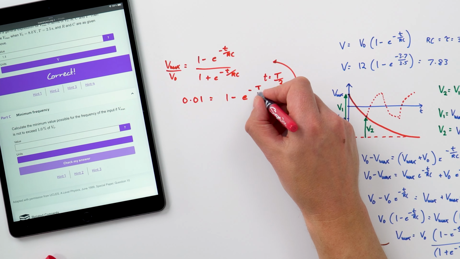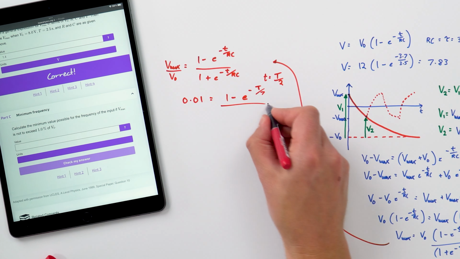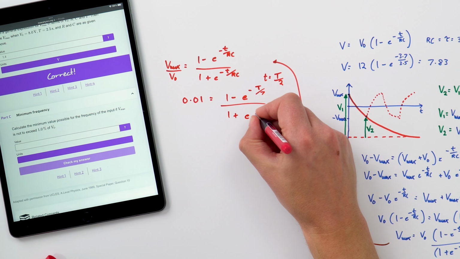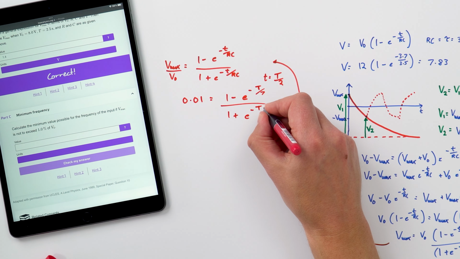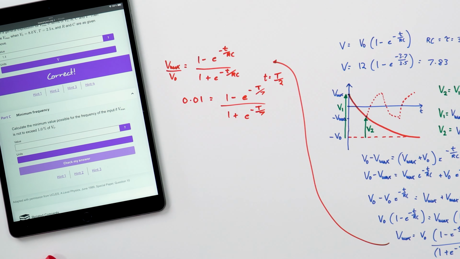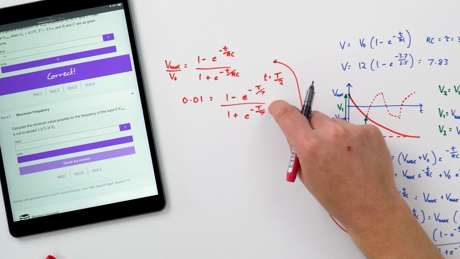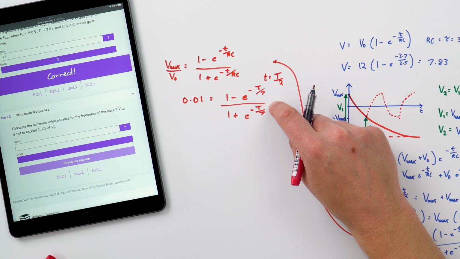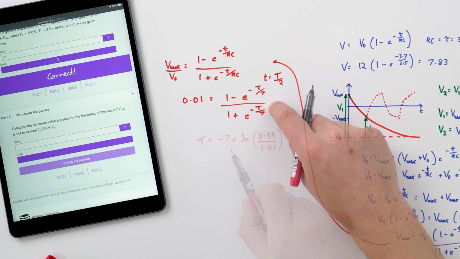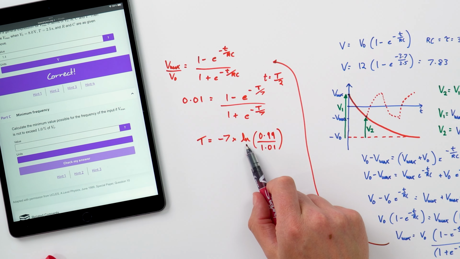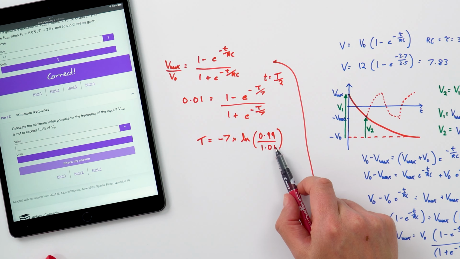So that's equal to minus T over 7, and that's over 1 plus e to the minus T over 7. And now all we need to do is rearrange this to make T the subject. Basically, this is what we get: T is equal to minus 7 times the natural log of 0.99 over 1.01.